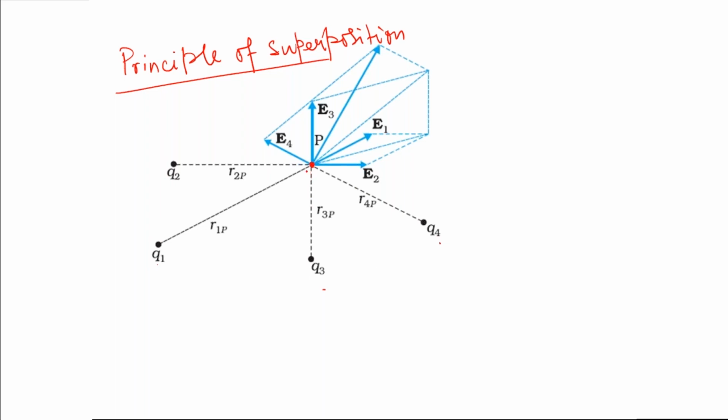These are the charges, and due to all the charges, I need to find out electric field at this point P. So how do we calculate electric field for many charges like q1, q2, q3, q4, etc.? Principle of superposition is valid for electric field as well, because we are defining the electric field by Coulomb's force only, F by q.